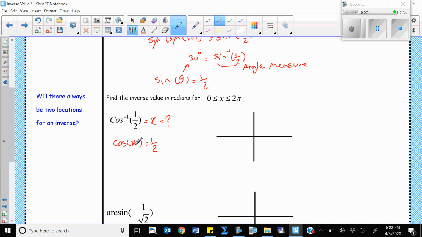As you see, this cosine value is a positive number. So based on the bow tie that we just talked about, on which quadrants cosine is a positive value? On first quadrant and the fourth quadrant. So I'm going to start from here. First of all, I'm going to make my right triangle, and then I know that cosine is adjacent over hypotenuse.